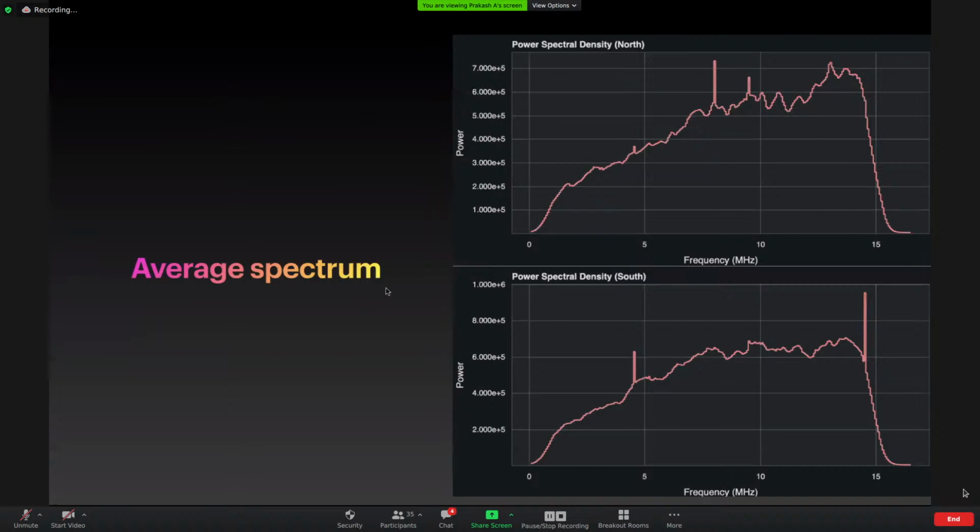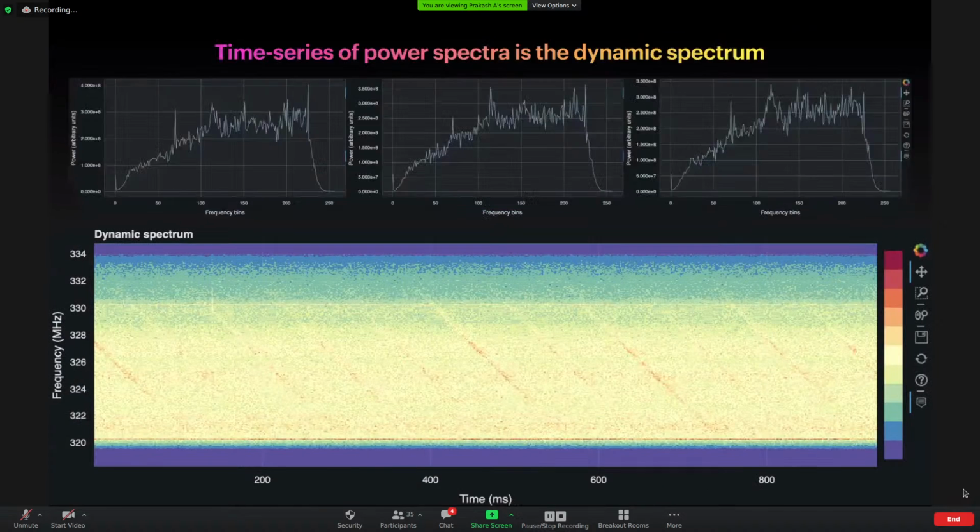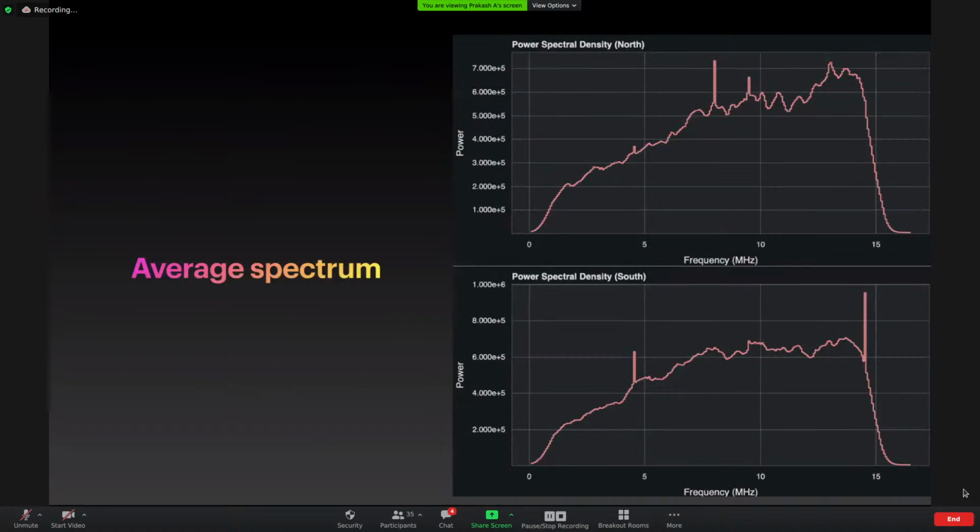Now at this point, I put the spectrum averaging after the dynamic spectrum just because sometimes it is flipped, and the flip is more obvious in the dynamic spectrum than this average spectrum. In principle, you can do this average spectrum first. This is essentially these power spectra that we got in series all averaged together for the entire data.